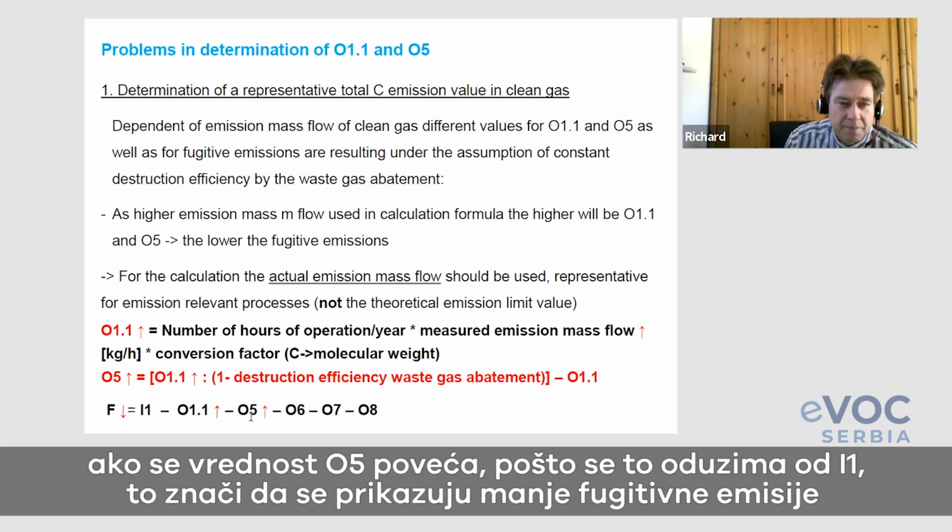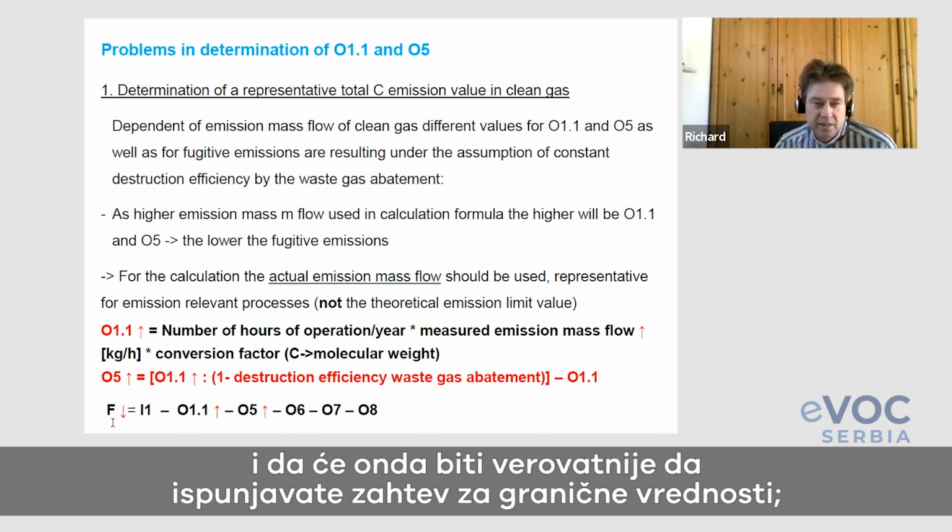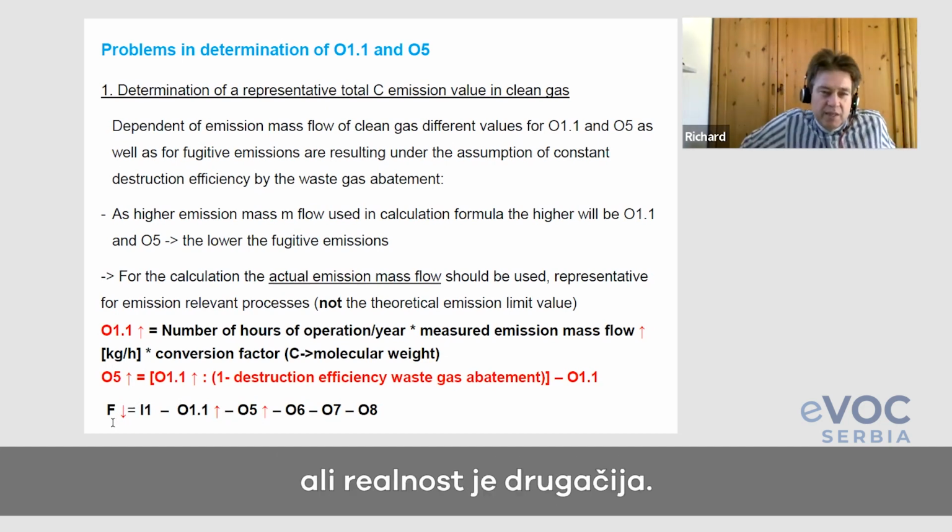But what will happen if you raise O5? Then of course you subtract it from I1. It means your fugitive emission will be less, and probably you can comply with the limit value. But in reality, it can be different.